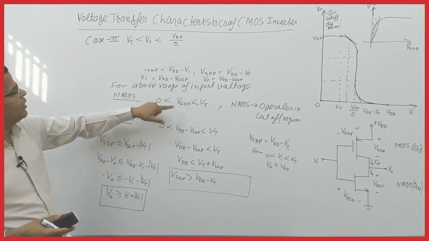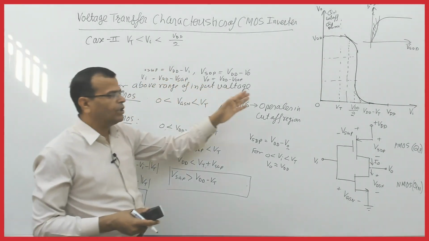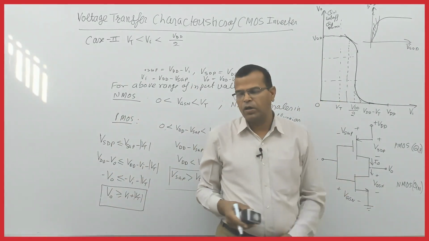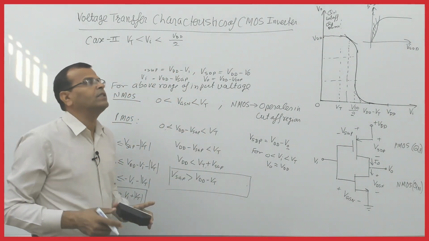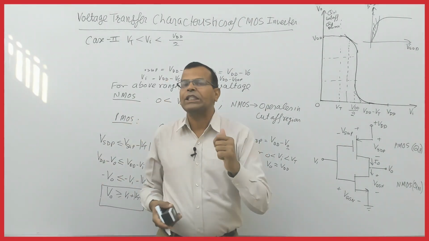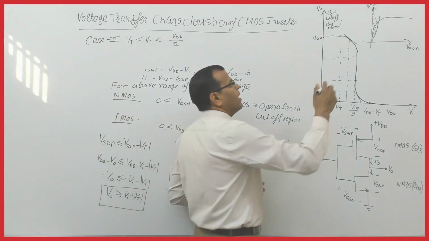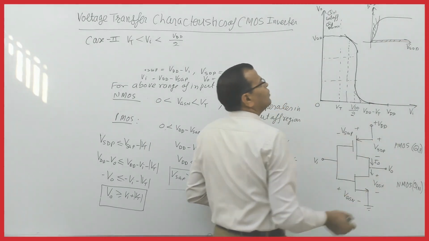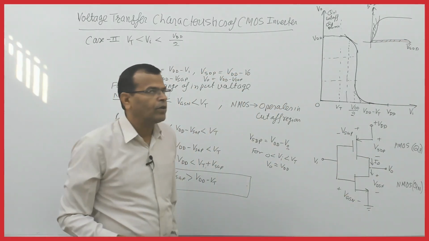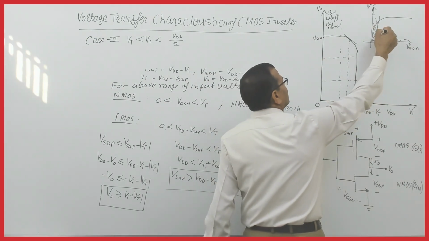Your gate to source voltage for NMOS will be definitely more than threshold voltage. So this will be turned on. And what do you mean by turned on? Turning on means your device will change its operation from the cutoff region. And remember, this is the cutoff region for MOSFET. So when it changes its operation from cutoff region, it passes through what? Saturation region.